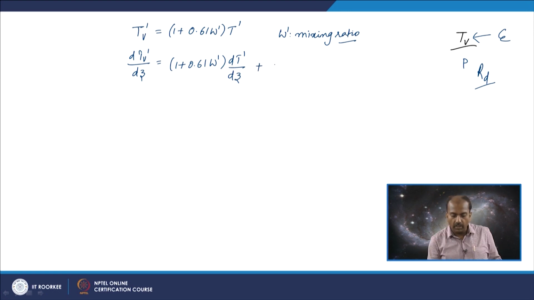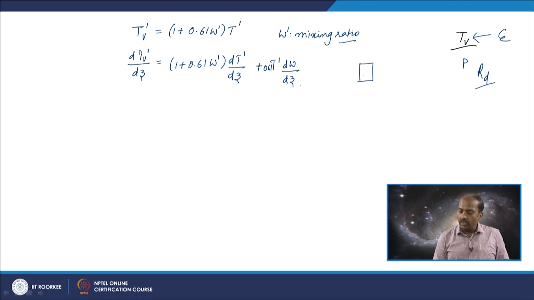It should also be written with another term, 0.61 T prime dW by dz. But generally we do not write that, because we take the air parcel to be an adiabatic entity. So, it is not exchanging energy and matter with the surroundings or with the environment.